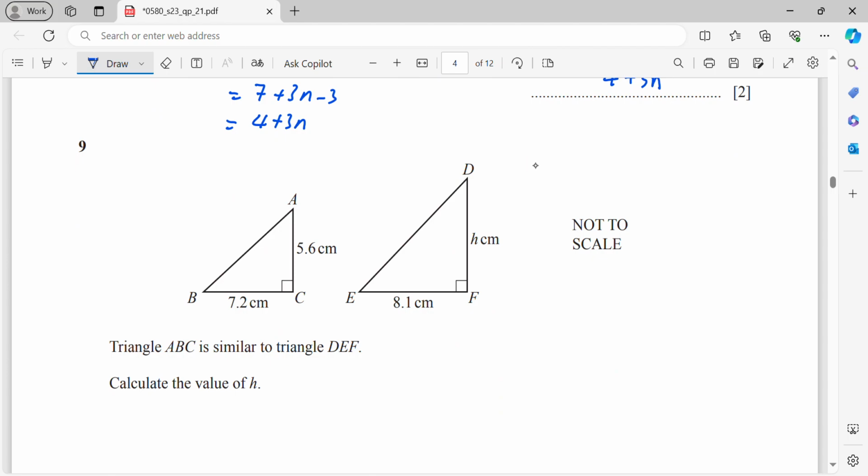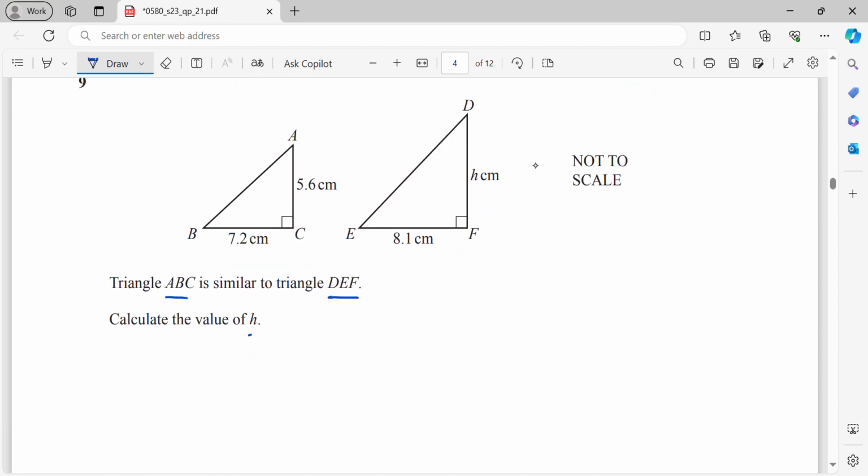For question number 9, triangle ABC is similar to triangle DEF. Find the h. Since they are similar triangles, we can just refer to the ratio. The height of the triangle, 5.6, over the height of the new triangle, which is h, equals the ratio of the base, BC, 7.2 over 8.1.